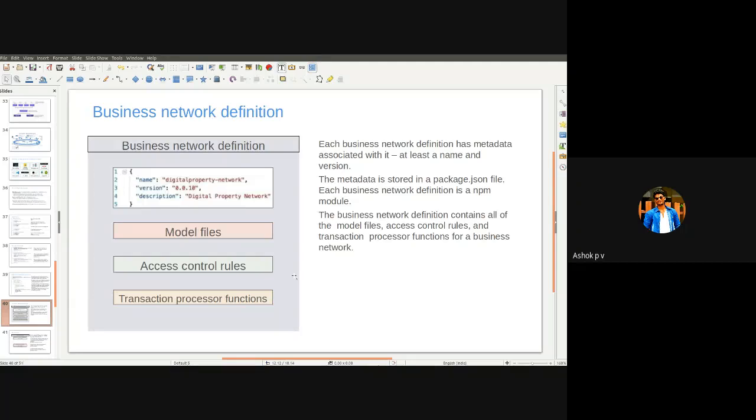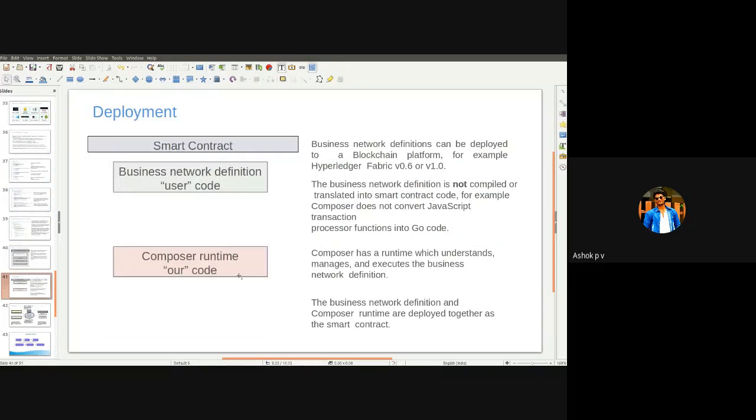This one is very important for the business network validations and creating a business blockchain model on top of it. So it can be used for deployment. It will be used for deployment with Hyperledger Composer over the Fabric.